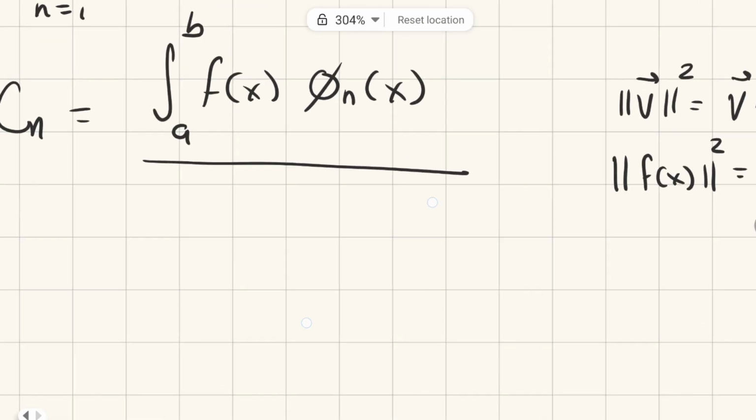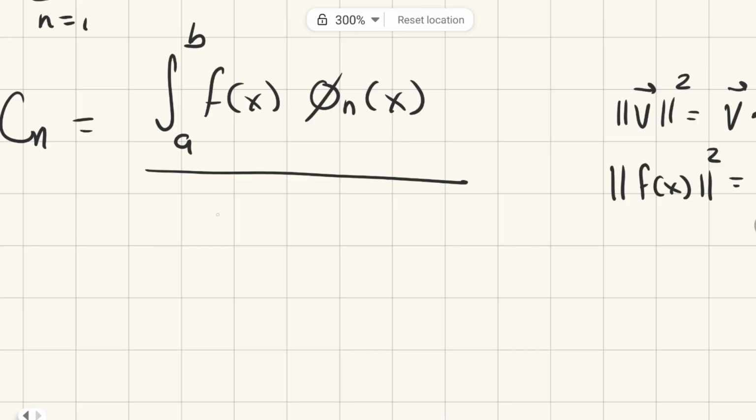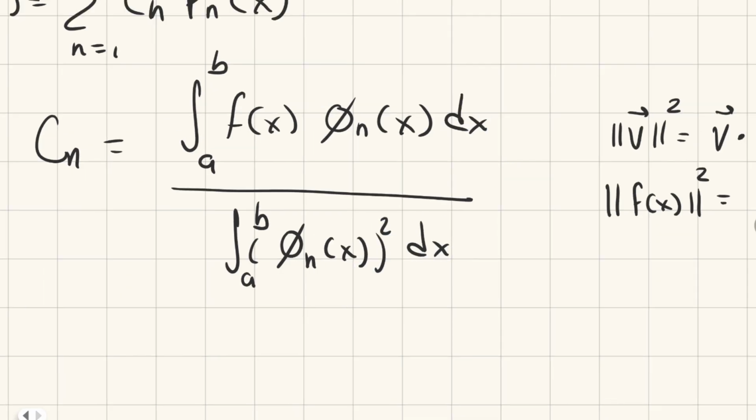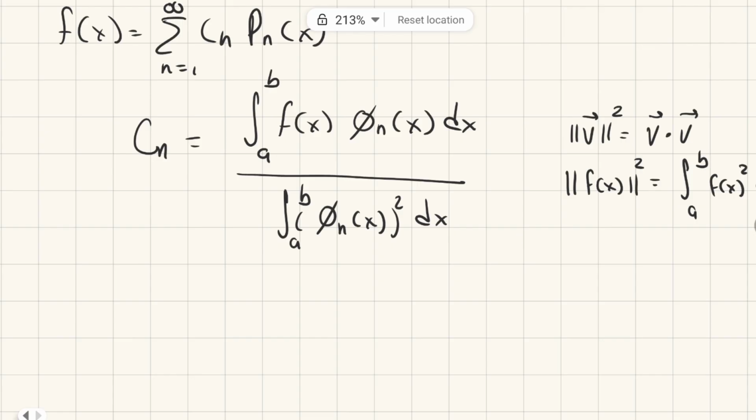So in this case, that is the integral from a to b of phi sub n of x squared dx, and I forgot dx here.